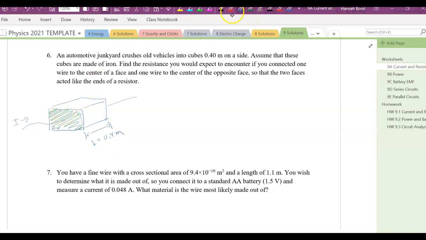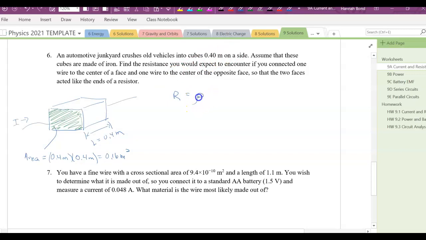And so the area here, in its square cross-section, is going to be 0.4 meters by 0.4 meters, or 0.16 meters squared.